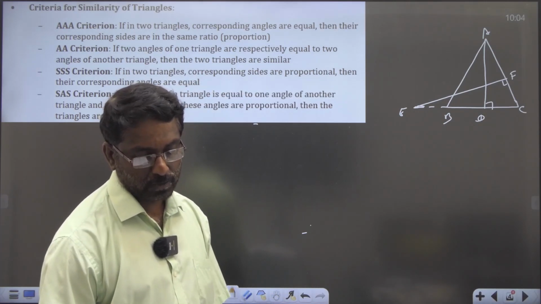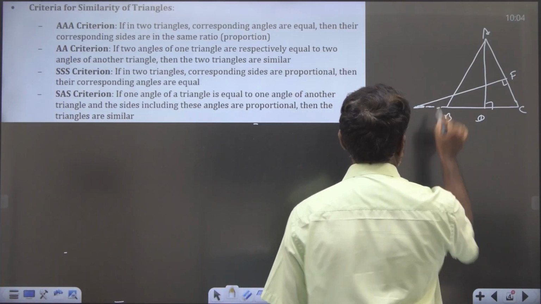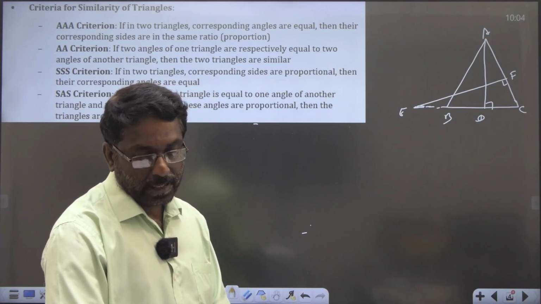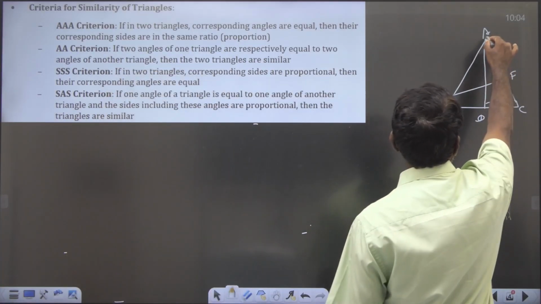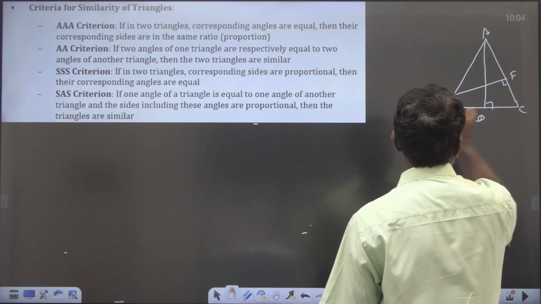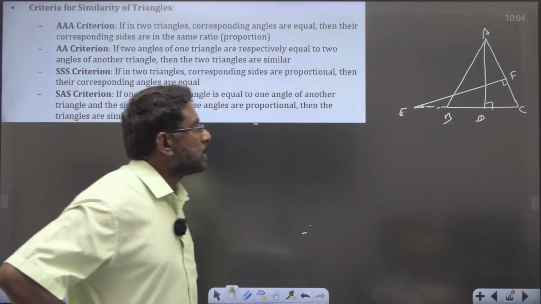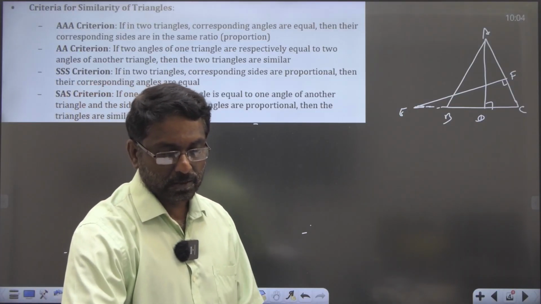This is the figure. Here we have to prove triangle ABD and triangle ECF, both are similar triangles. Okay.